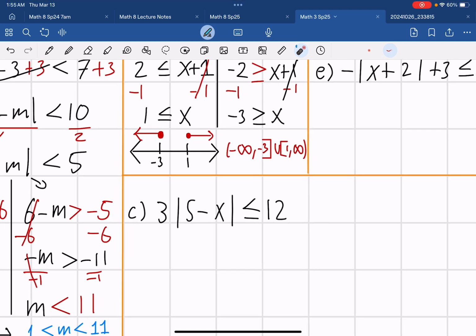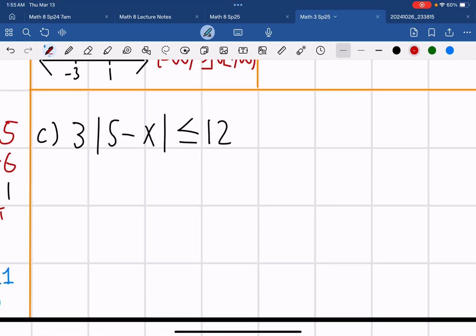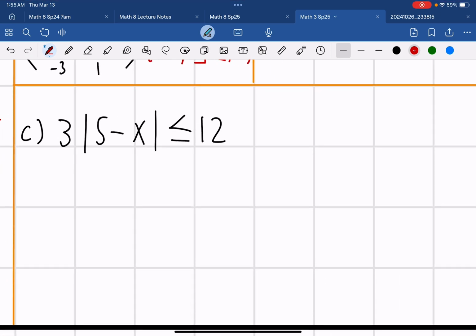So once again, here's another example. If you guys want to pause at any moment, you can to try these problems. Once again, all I need to do is isolate my absolute value. The 3's is simplified.